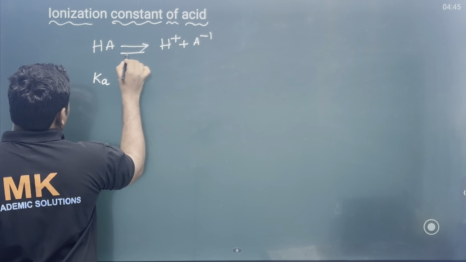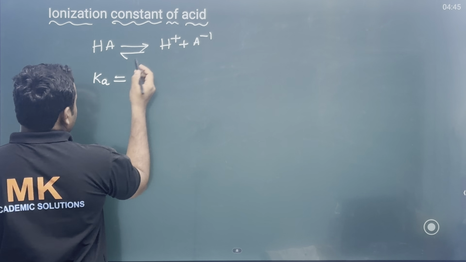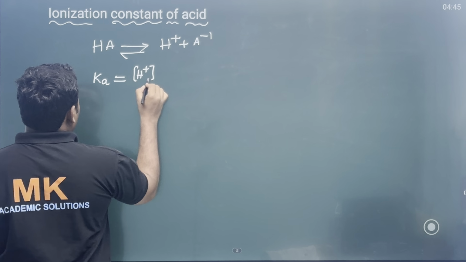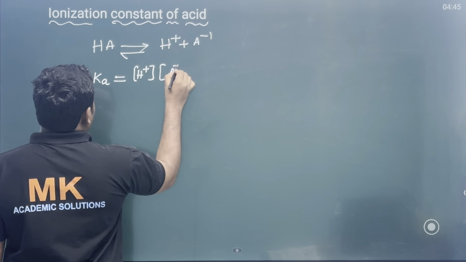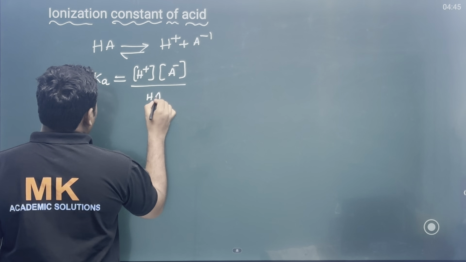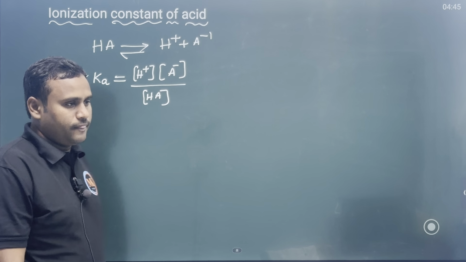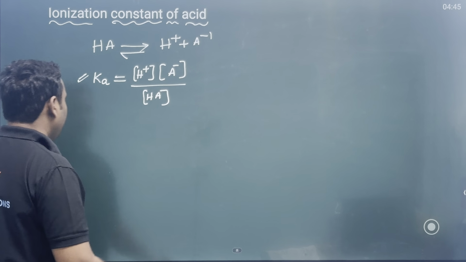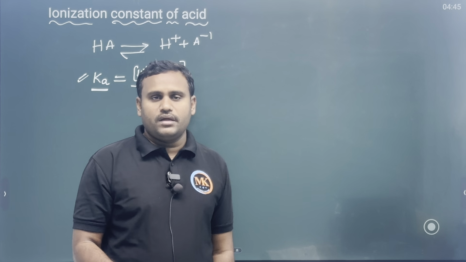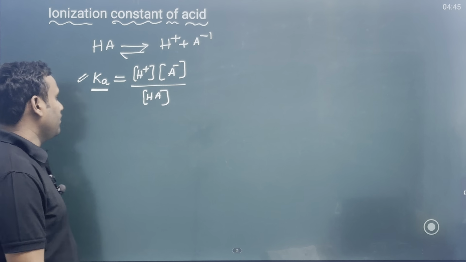Okay, let us consider this as a reversible reaction. Ka is equal to the concentration of H plus ion and A minus ion divided by HA. So this is the dissociation constant of acid. Same like how we write the law of mass action.